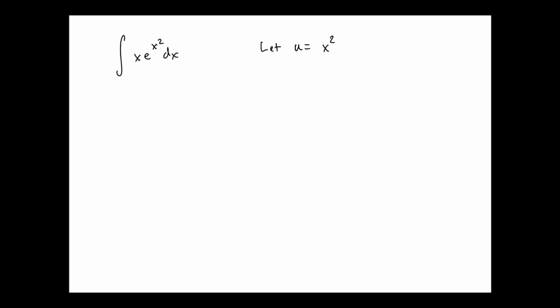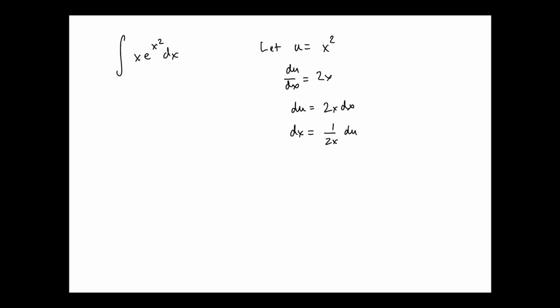So we said u equals x squared. So what does that make du dx? 2x. That's just the derivative. And so du is 2x dx, and therefore dx is 1 over 2x du.